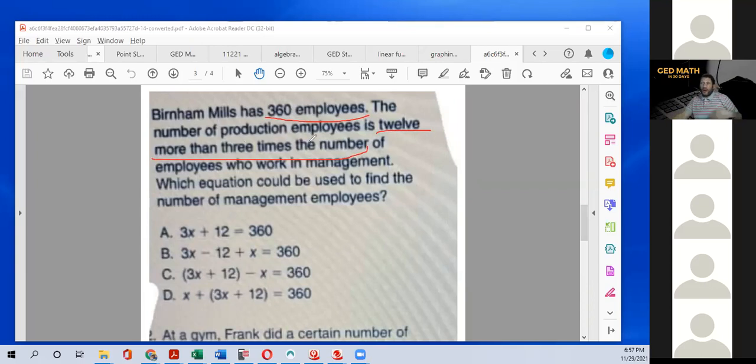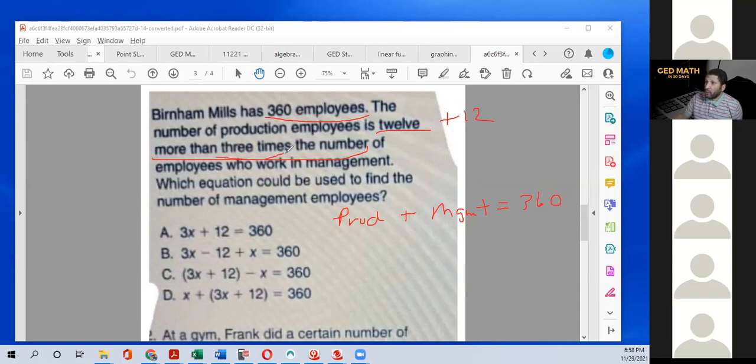So the number of production employees plus the management is equal to 360. Everybody understand that? Okay, perfect. The production employees, they break it down, 12 more. What operation is 12 more? Plus, so that's plus 12.